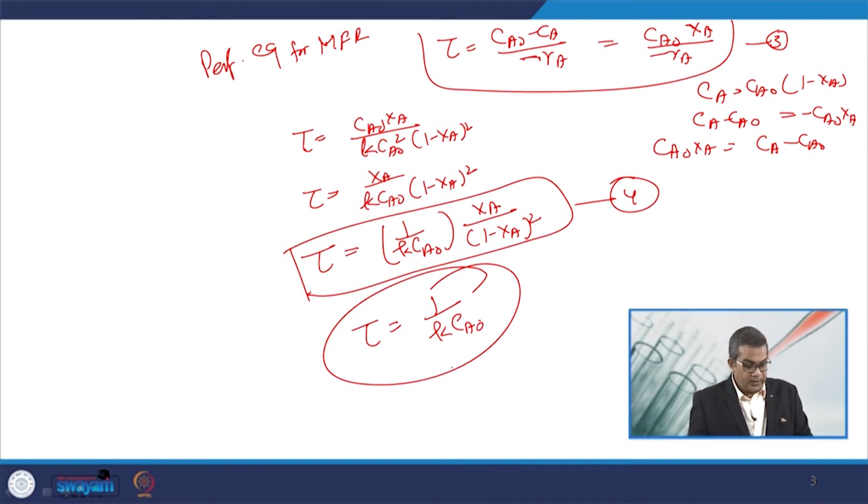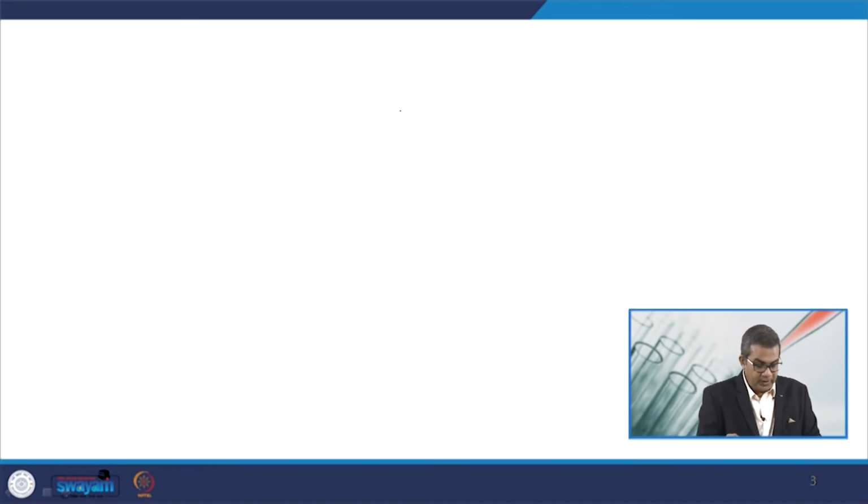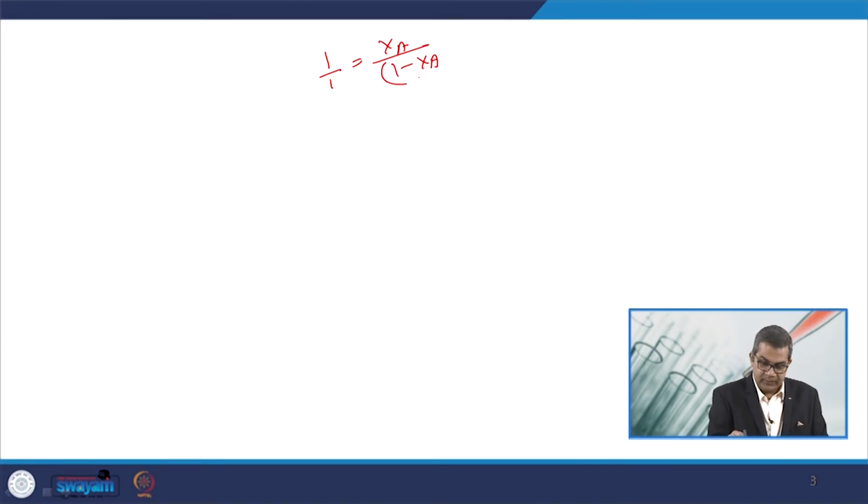So if we take equation number 4 and equation number 2, then we have 1 is equal to Xa upon 1 minus Xa squared, or 1 minus Xa squared is equal to Xa, or this may become 1 plus Xa squared minus 2Xa is equal to Xa, or Xa squared minus 3Xa plus 1 is equal to 0.